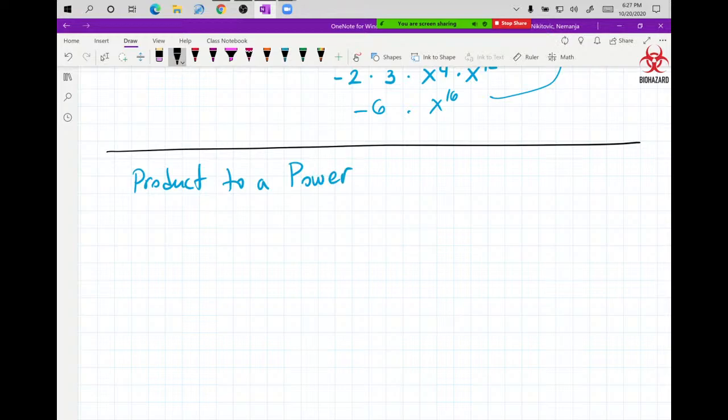And if you just carefully read the title, product to a power. People usually say, oh, you just distribute n. No, but yes. Distribution is multiplication, right?